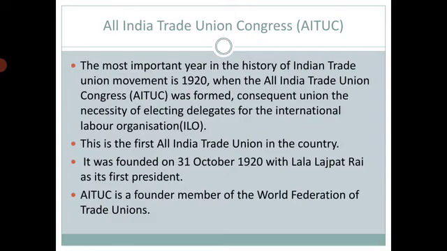Because many of the time, due to fear, due to shyness or due to many other reasons, the employee, even though he feels he is going through some kind of injustice, is not able to represent himself before the employer.